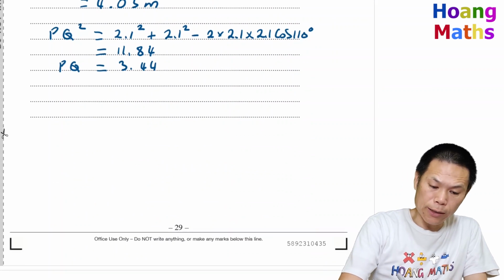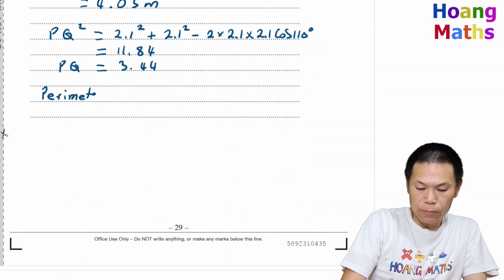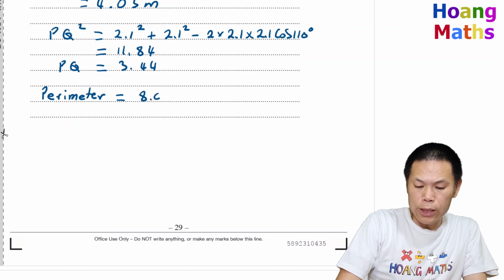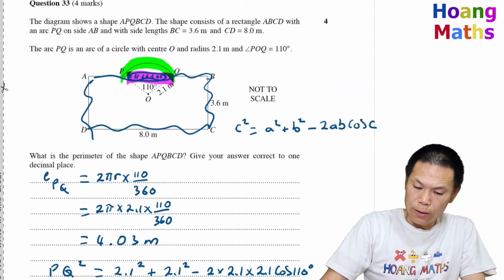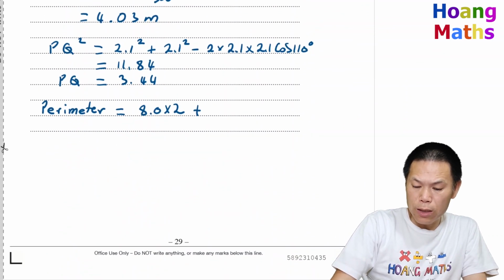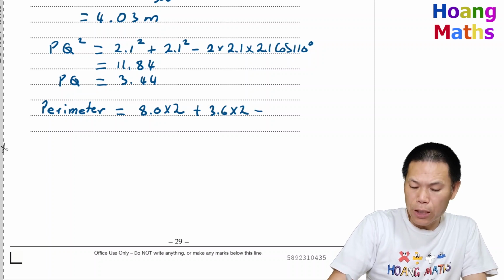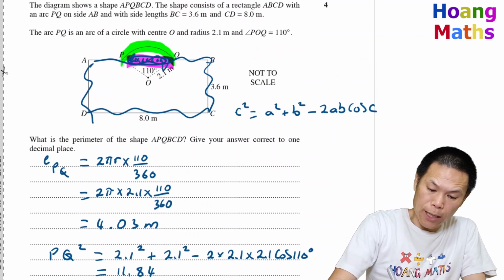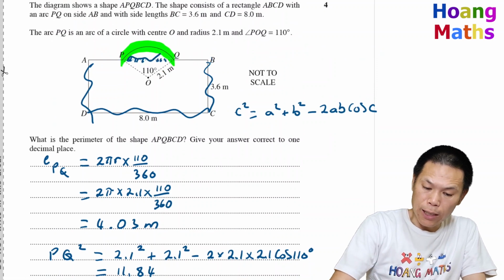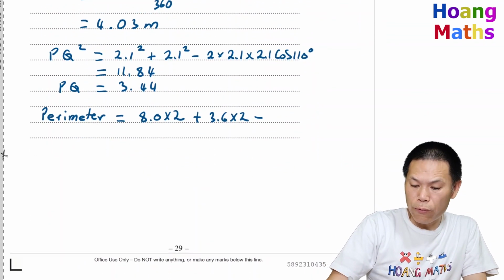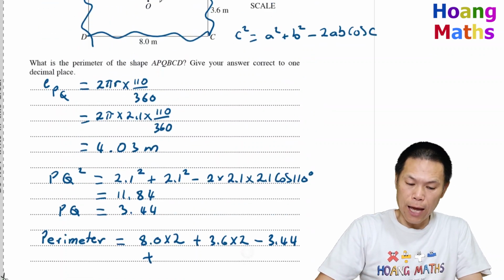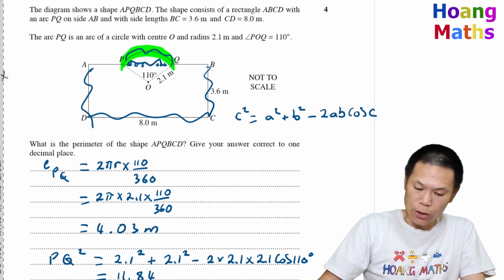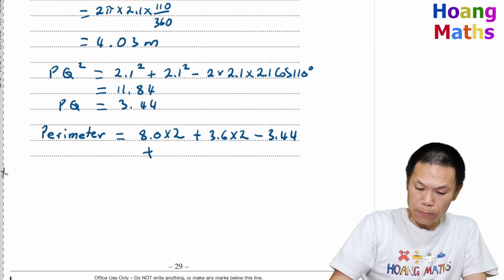So the perimeter is 8.0 times 2, plus 3.6, the width, times 2, minus PQ, the length of this here, which is 3.44, and we add the arc length, this arc length here, which is 4.03.